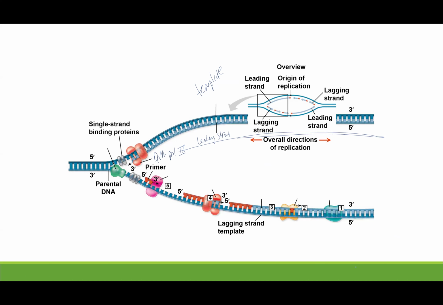On this side, it's more complicated because we have so many things that are involved. You've got primase actively making primer after primer after primer. You've got DNA polymerase 3 adding the nucleotides at the 3' end. You've got DNA polymerase 1 replacing the RNA primers.